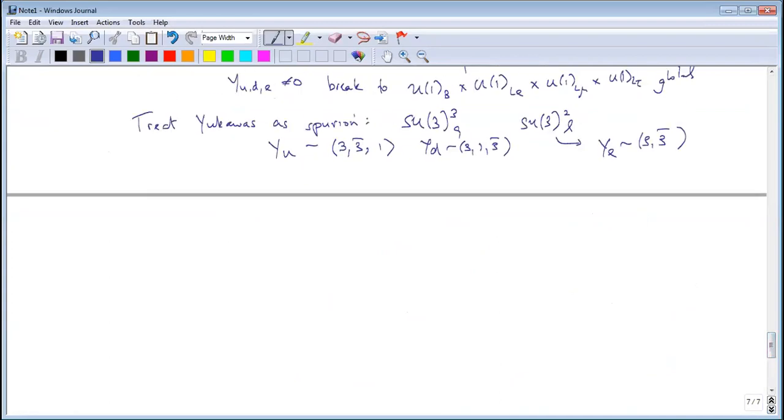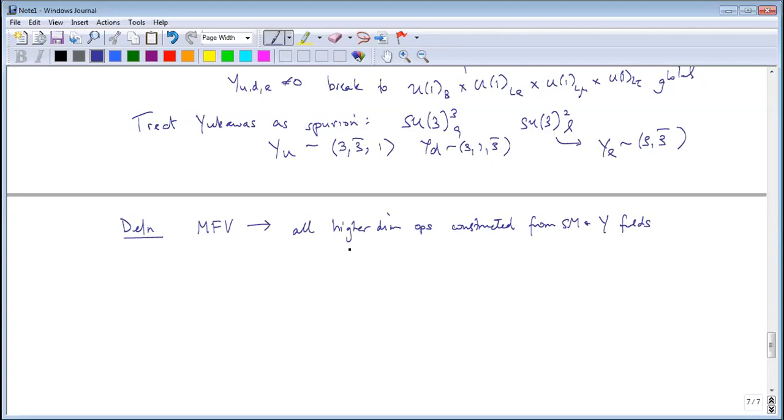Okay. So the idea is, minimal flavor violation means all higher dimensional operators are constructed from the standard model and the Yukawa fields, and these are going to be invariant.